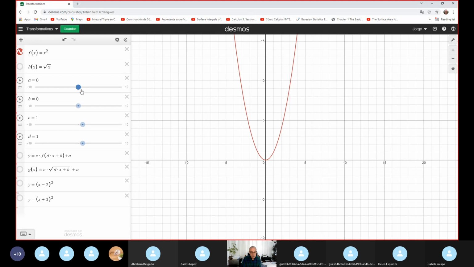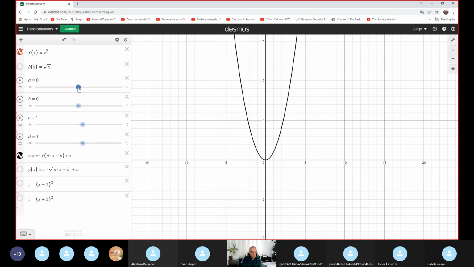Vertical shift. Vertical shift is plus A. Let me activate this. Okay, so we have two colors. We have red color for the original, and we have the black color for the new one after the transformation. And you see that they are a perfect coincidence because every parameter is 0 or 1.